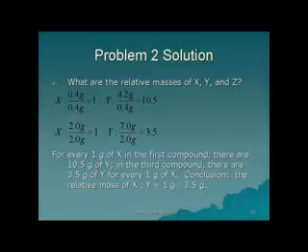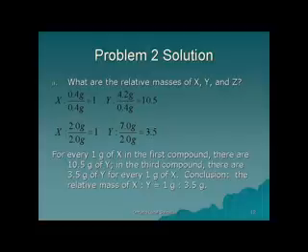So I'm going to take 0.4 grams of X divided by 0.4 grams, which gives me 1 for X. Y will be 4.2 grams divided by 0.4 grams, which gives us 10.5 for Y. And essentially what that means is for every 1 gram of X in the first compound, there would be 10.5 grams of Y in that compound.